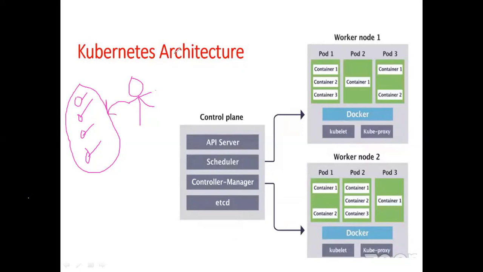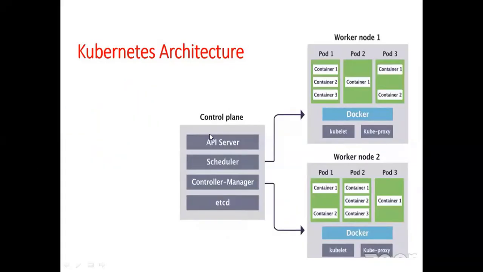It acts as a cluster architecture. In the cluster architecture, we can have multiple worker nodes and one master node. The master node is connected with all worker nodes and contains complete information about the worker nodes where our containers are running. So we can also call the master node a control plane.